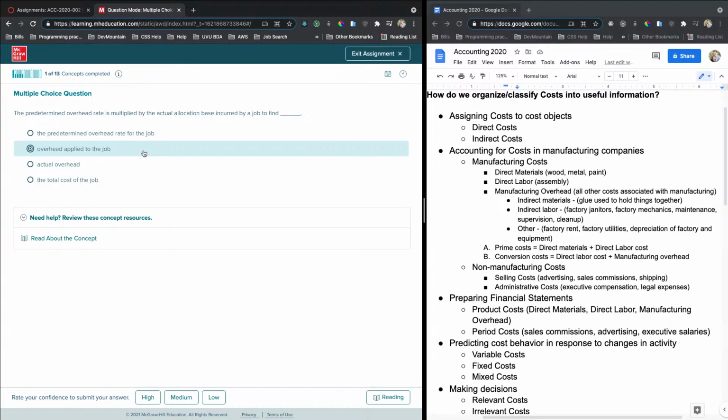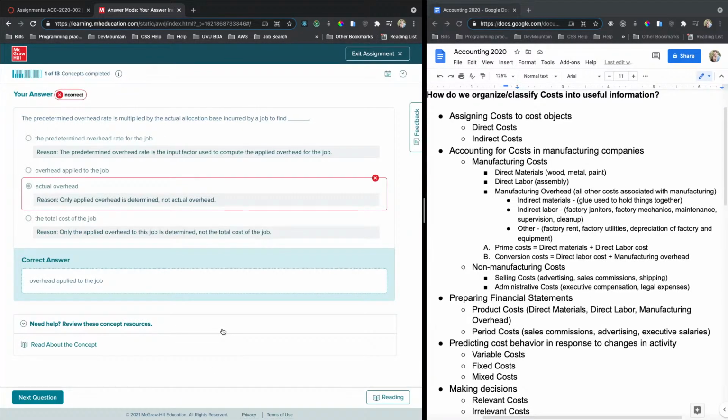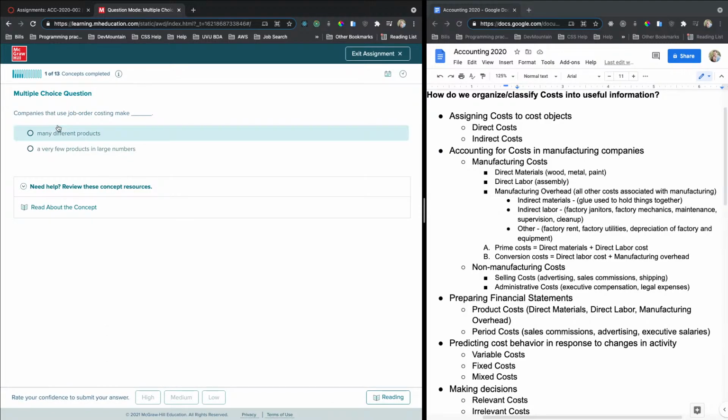So if you multiply by allocation base, then you'd be left with, I think, actual overhead. Overhead applied to the job. Okay. Companies that use job order costing make many different products.